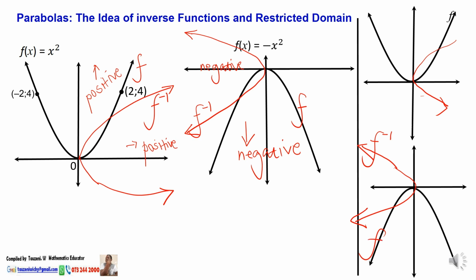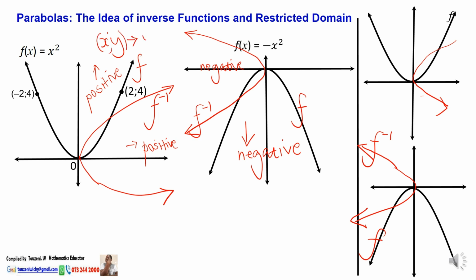I can use the shape of the graph to determine where the graph is supposed to be. Then when it comes to numbers, now we are talking about coordinates that are given on the graph. The coordinates swap. When you are determining the inverse function, coordinates (x, y) will become (y, x).